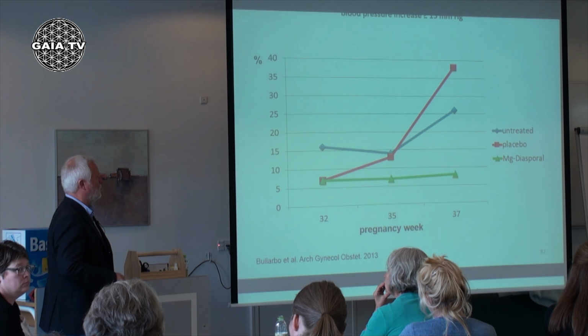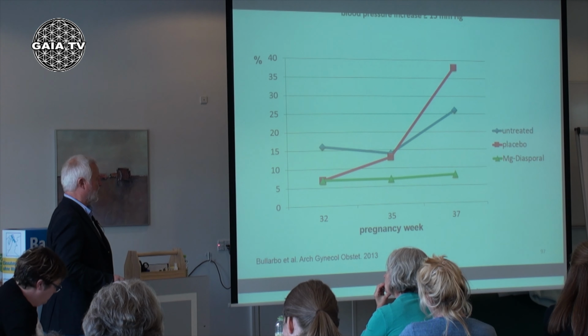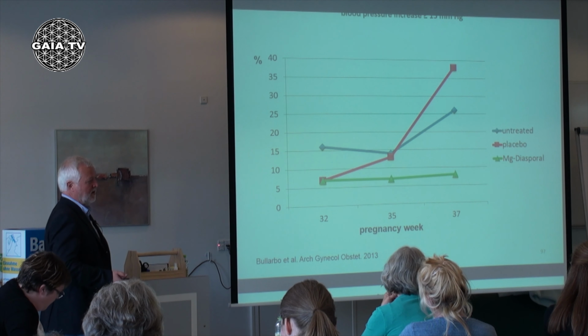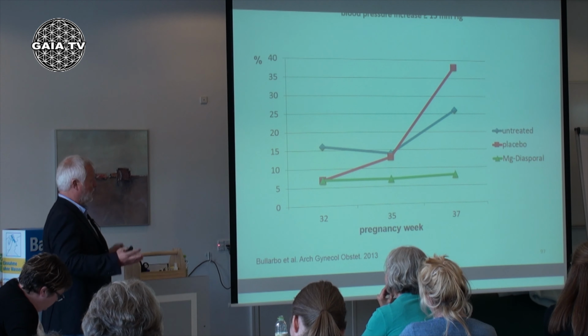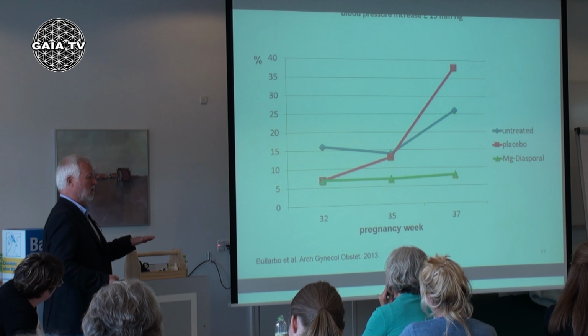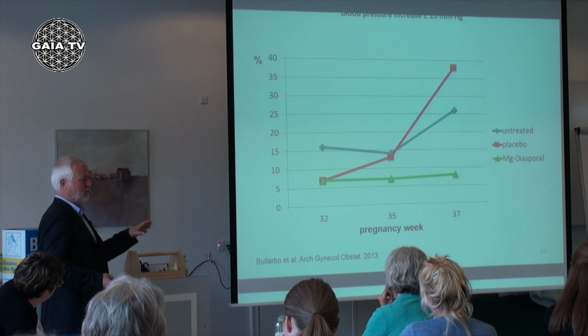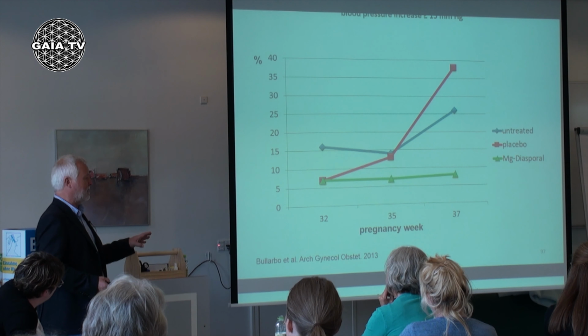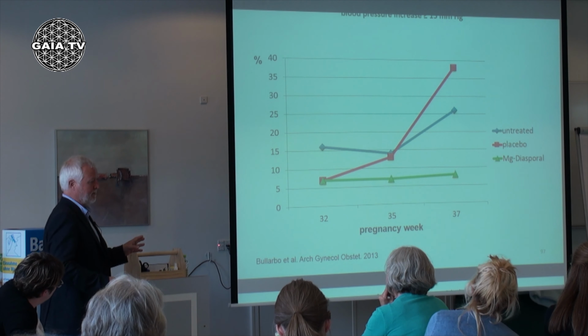And we are now doing a very, very large study worldwide, because in Sweden and also Denmark, also Germany, the incidence of preeclampsia is relatively low, a few percent, 3 to 5%. However, there are areas in the world where the incidence goes up to 30 to 40%.